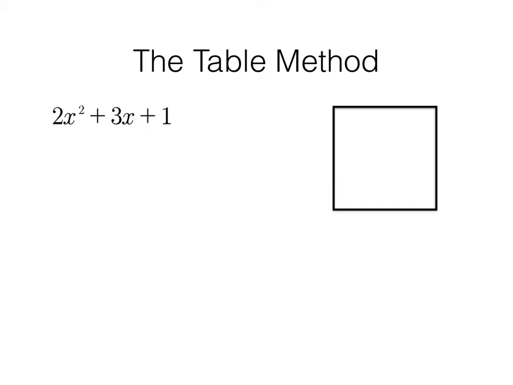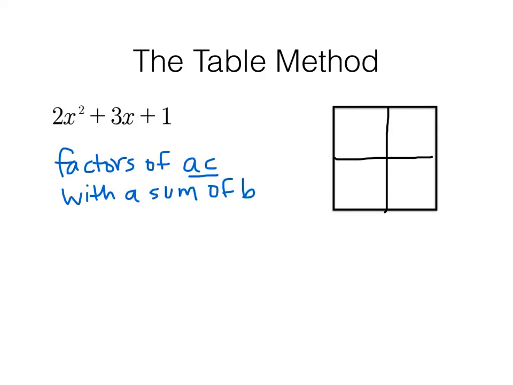And we're going to start with working backwards using the table method. What we're going to do is find factors, just like we did before, but what we're going to find is factors of AC, A times C, that have a sum of B. So AC is 2 times 1, which equals 2.